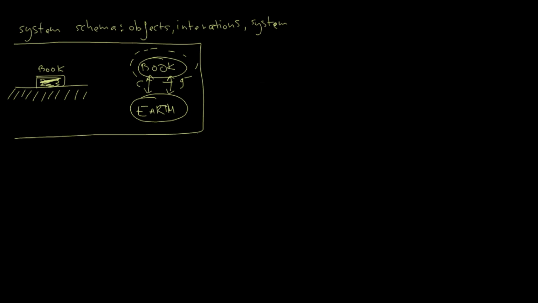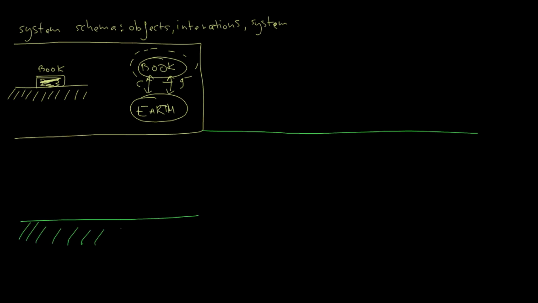So right here, again, I have the surface of the earth. This is the road. This is the earth. And I have two cars, or say two carts. So this is cart one, and this is cart two.